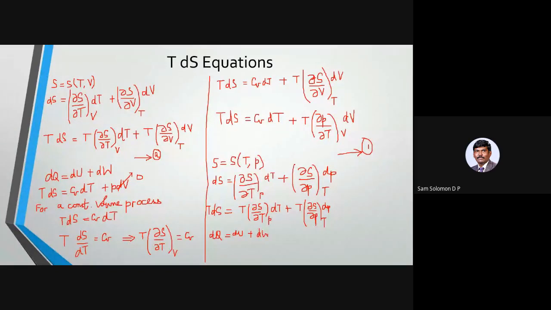So what you have is TdS equal to dU plus PdV.